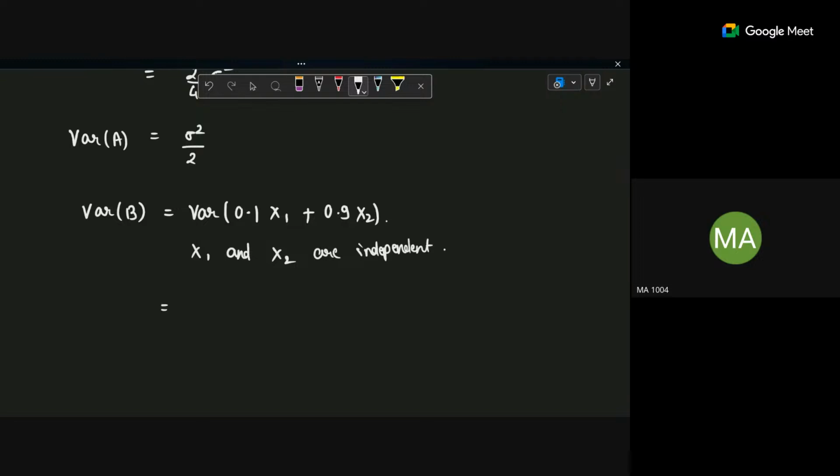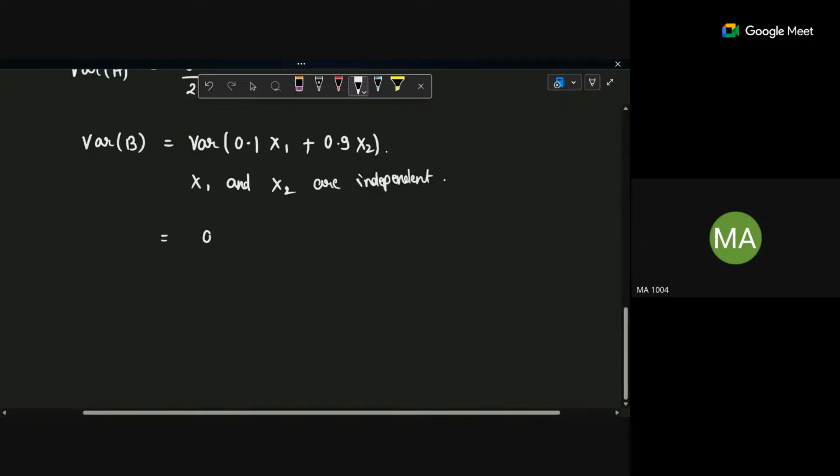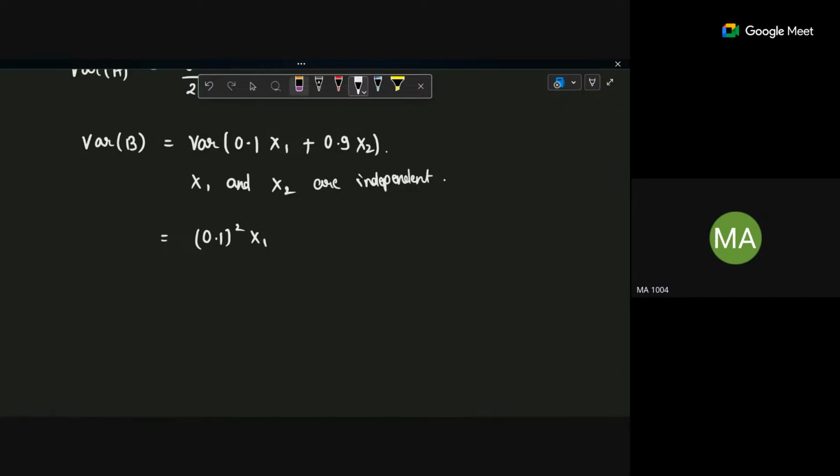So this will be 0.1 square variance of x1, plus 0.9 square variance of x2.